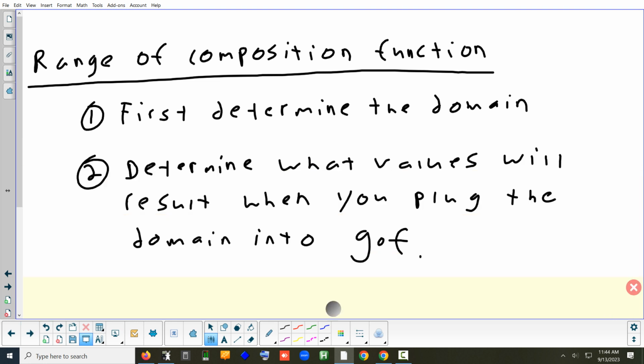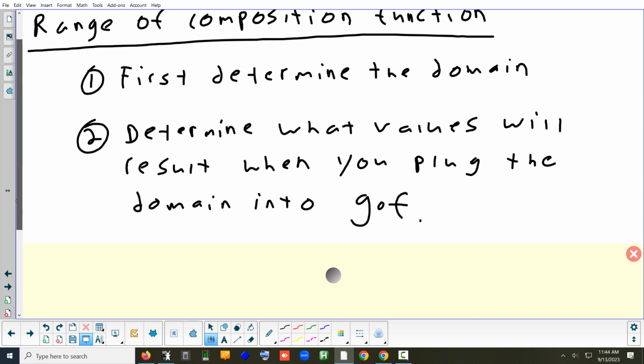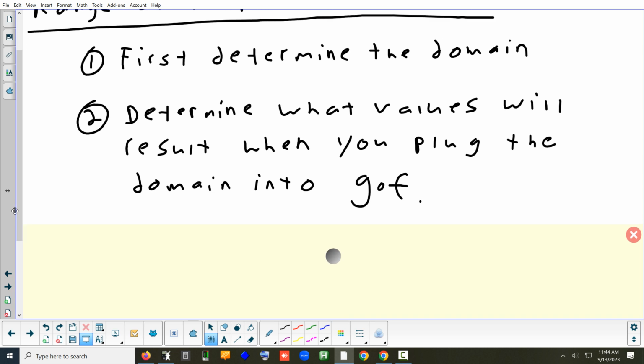The graph makes it a lot easier to figure that out. So you find your domain, and then you see what kind of answers you get from your formula when you fill the numbers from the domain into it. Again, the graph is how I'm going to do that most of the time, because range can get tricky.